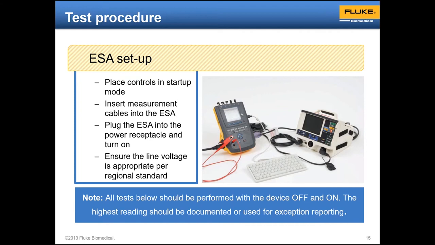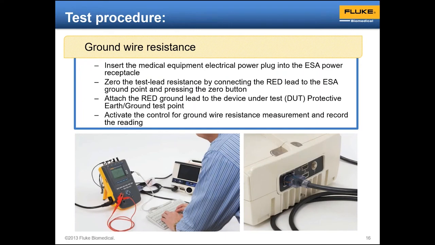Once we're done with the voltage test, then we go on to things that we talked about yesterday, like the ground wire resistance or protective earth resistance or protective earth bonding. All of those words mean the same thing. We need to measure the resistance of the ground connection to make sure that the resistance is as low as possible, and should be zero, but sometimes you just can't get it to be zero.